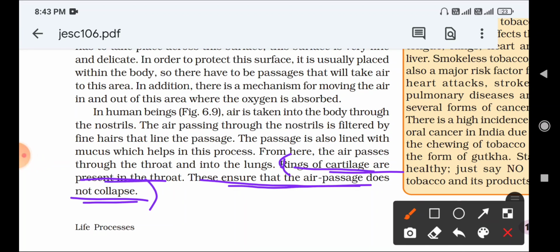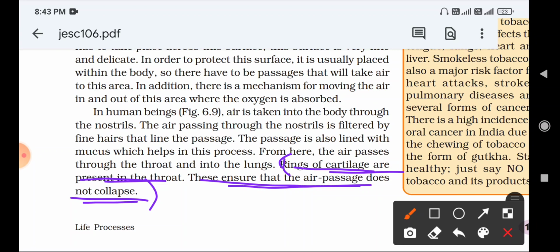What is the meaning of this? The continuous passage of carbon dioxide and oxygen is continuously passing through the lungs. That is done by the rings of cartilage. There is no breaking of the air passage in the lung system.